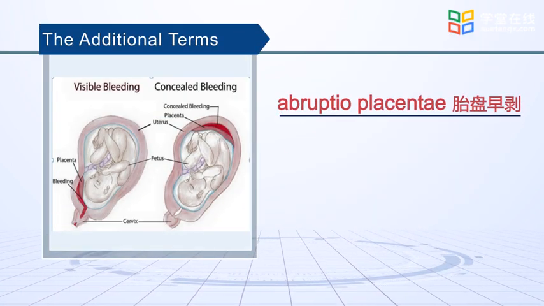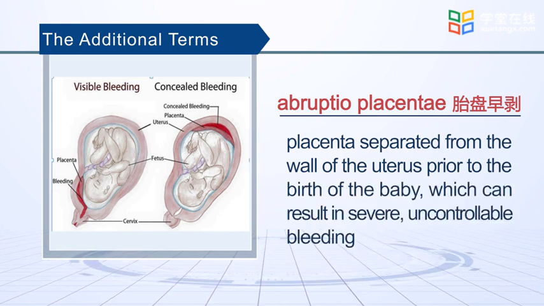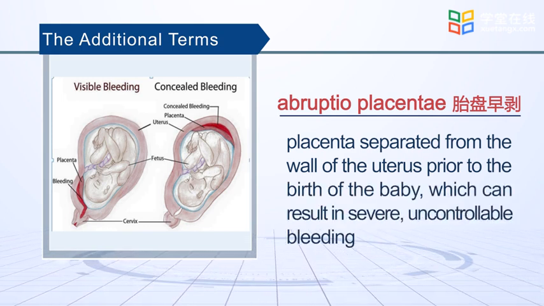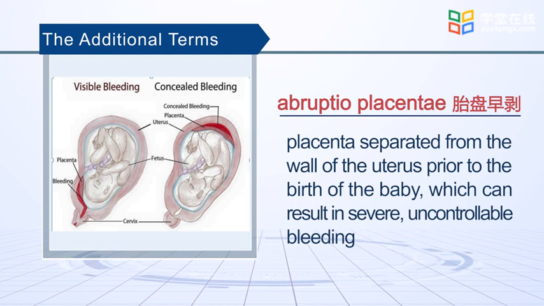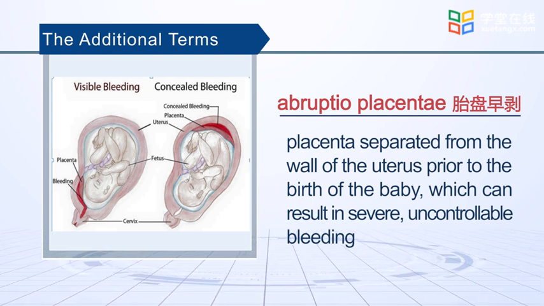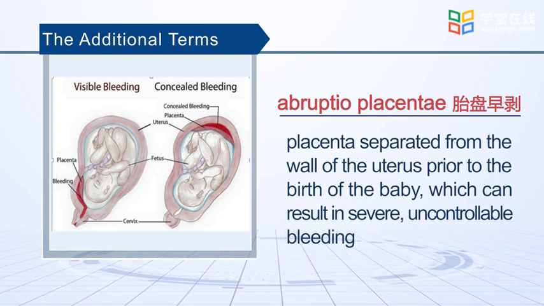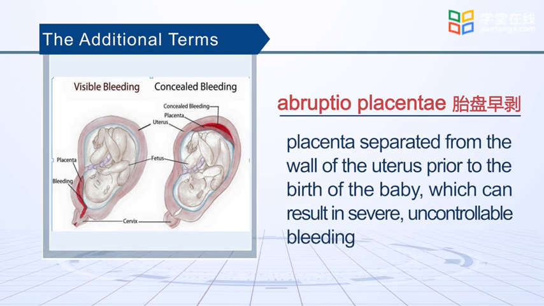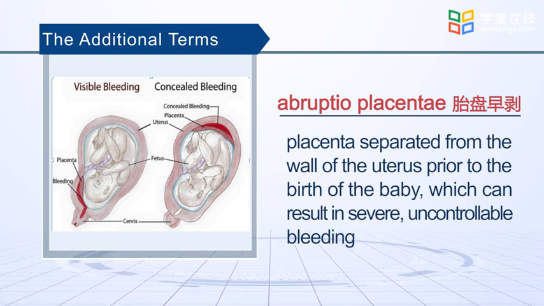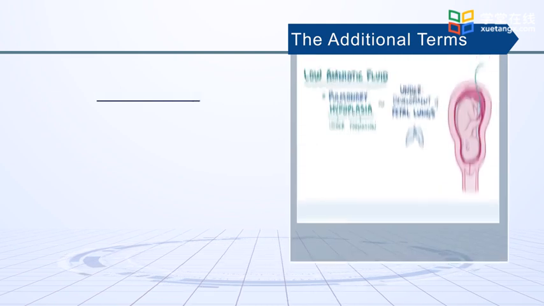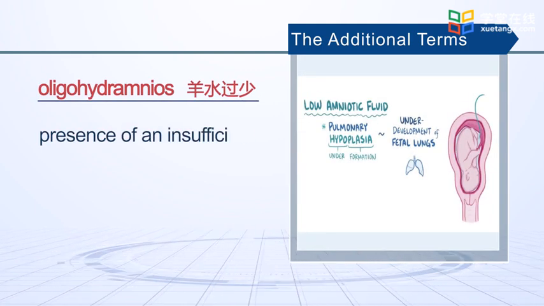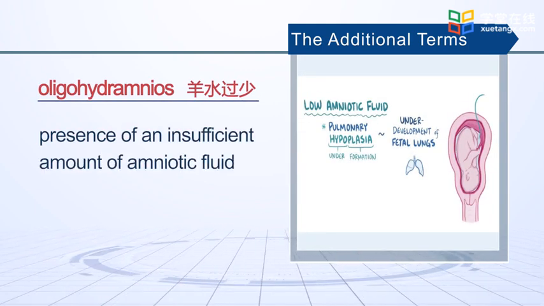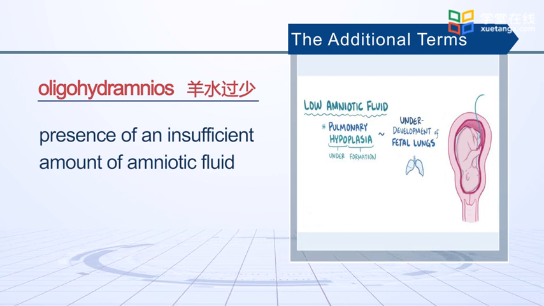Abruptio placentae. It is the placenta separating from the wall of the uterus prior to the birth of the baby, which can result in severe, uncontrollable bleeding. Oligohydramnios, the presence of insufficient amount of amniotic fluid.